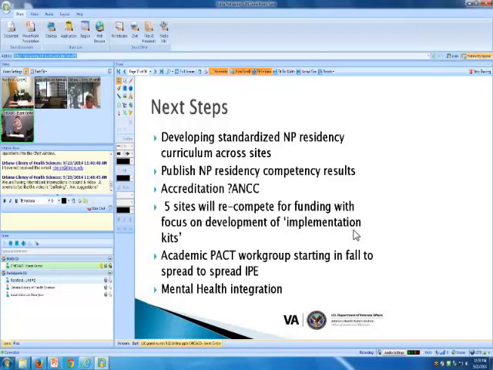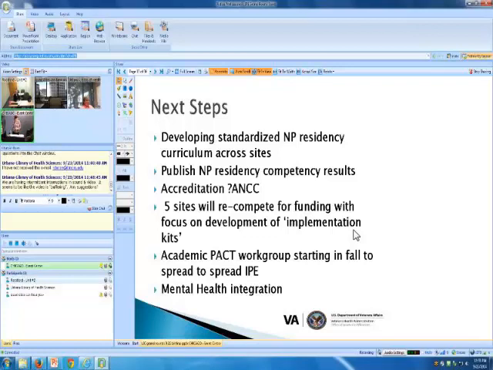We have representation from each of the regions. We call them VISNs. So we have 21 VISNs, and 2 representatives from each of the 21 VISNs will come together as a work group to see how we can spread this interprofessional education.